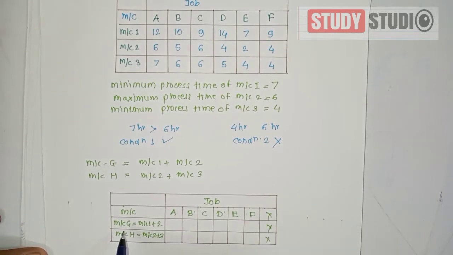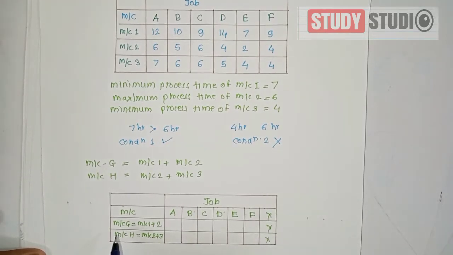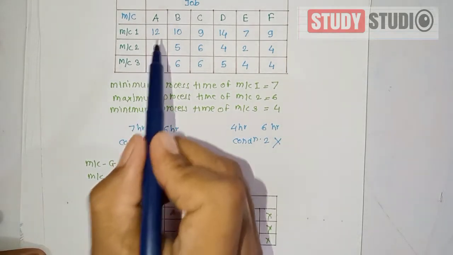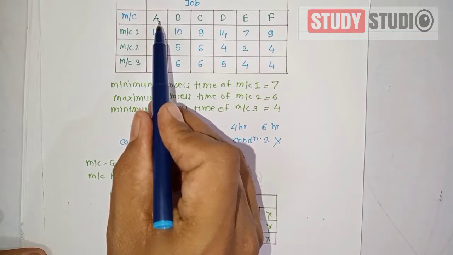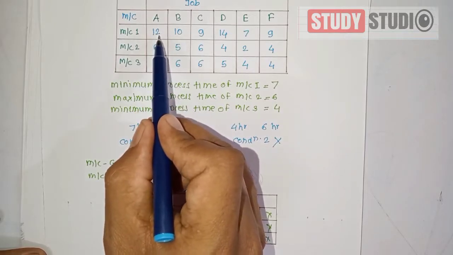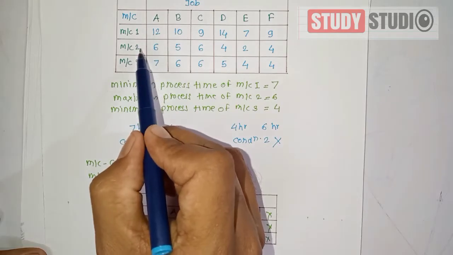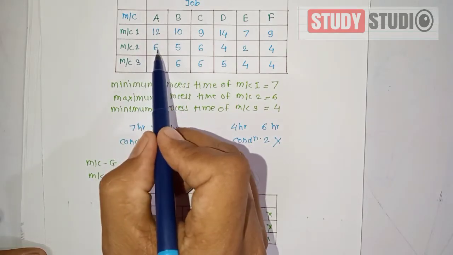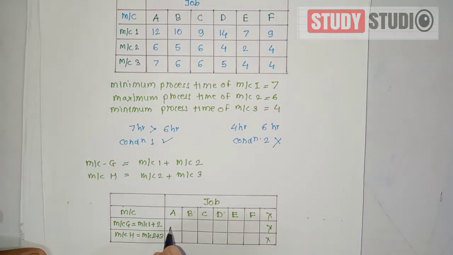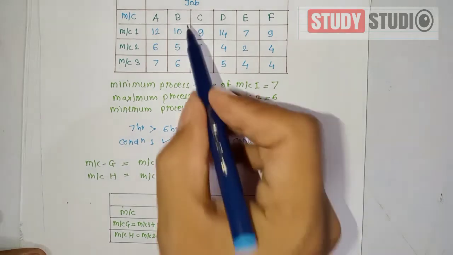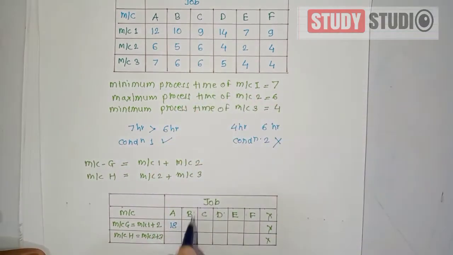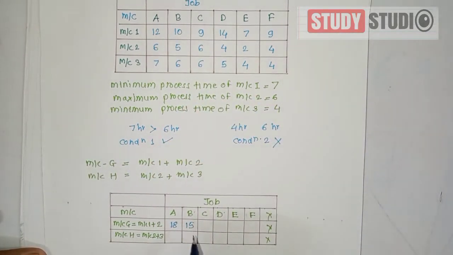Now machine G processing time will be the combination of machine 1 and machine 2. So for job A, machine 1 will take 12 hours and machine 2 will take 6 hours. So the combination of machine 1 and machine 2, that is 12 plus 6, so 18 hours. Similarly for job B, it is 10 plus 5, that is 15.